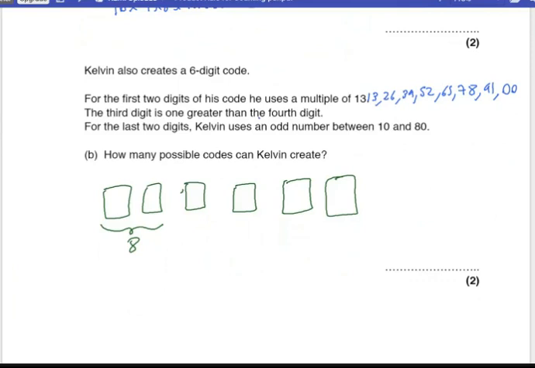I forgot how we're supposed to do that if it's 1 greater. Well, we just have to ask ourselves how many possibilities there are. So the third digit is 1 greater than the fourth. How many possibilities can we put in the third if it's got to be 1 greater? 10.